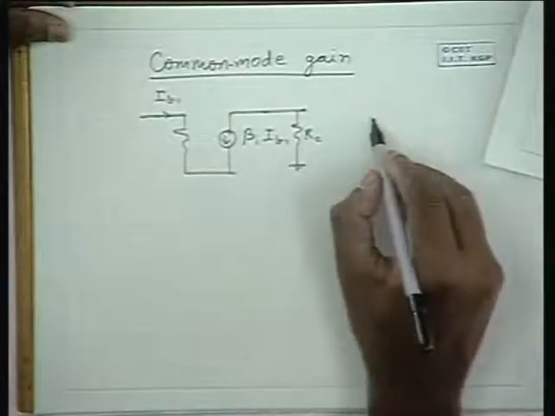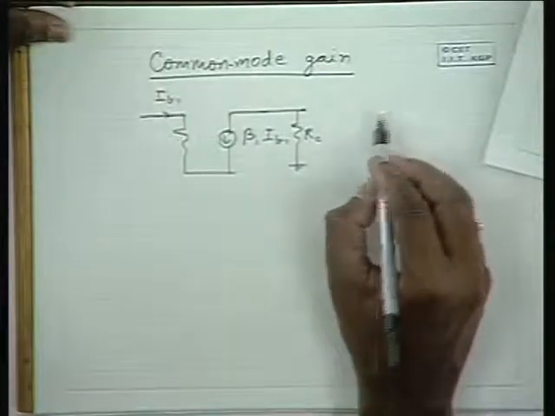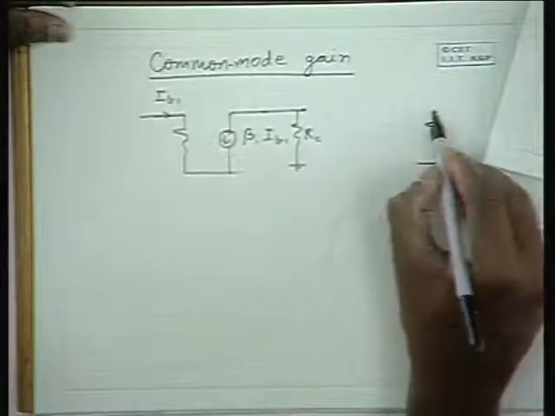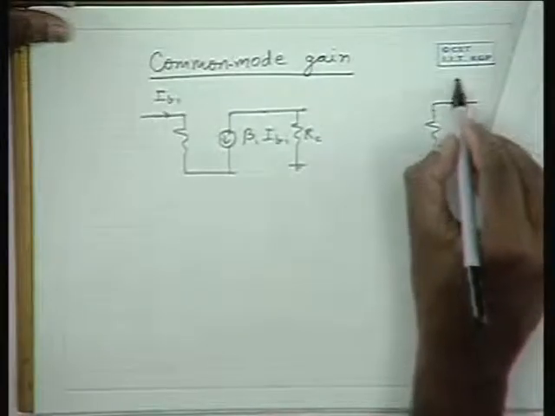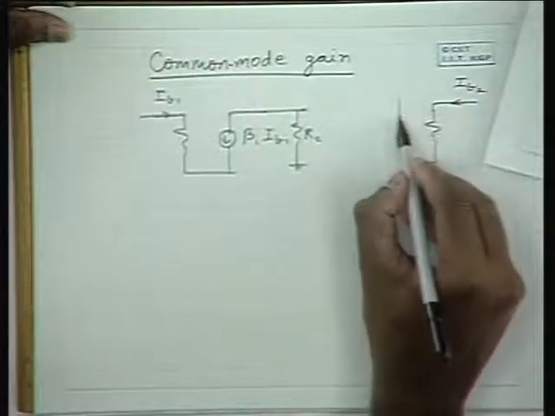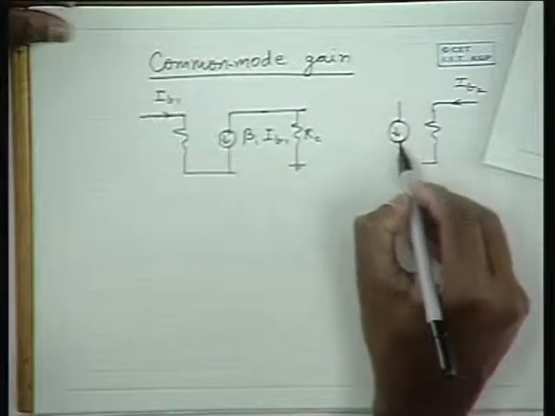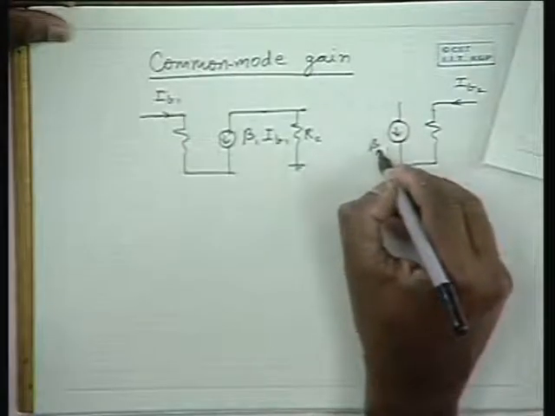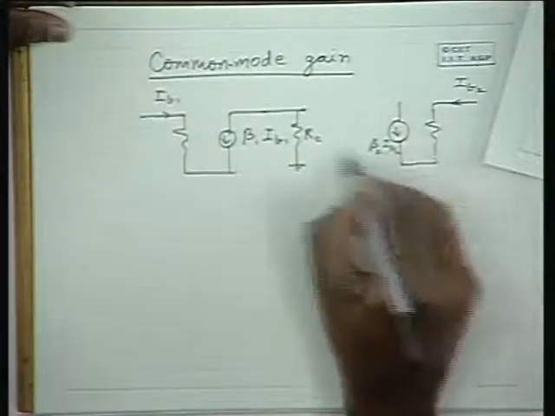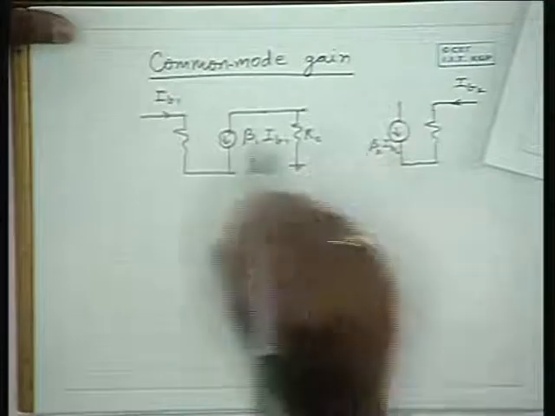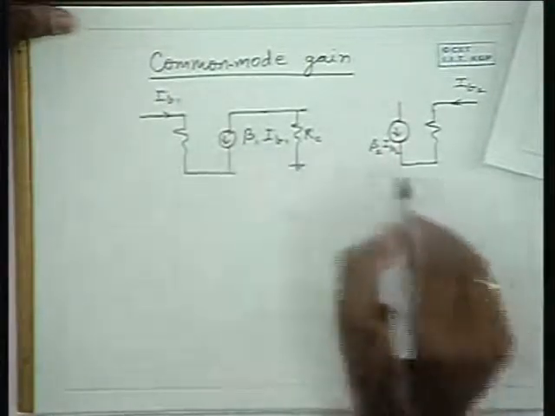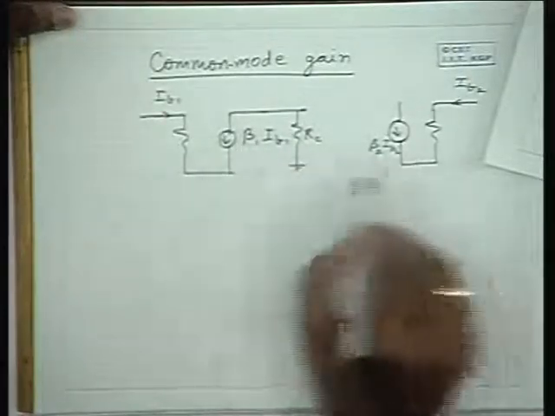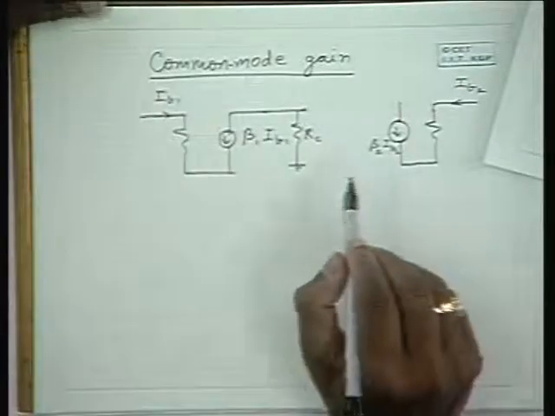Therefore, this is the equivalent circuit for the first transistor, and here is the equivalent circuit for the next transistor, and the current is IB2. So, this current source is similar, it is equal to beta 2 IB2, where beta 1 and beta 2 are the respective short circuit alternating current gains for transistor 1 and transistor 2.